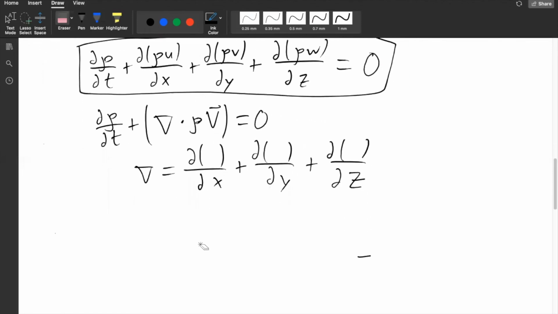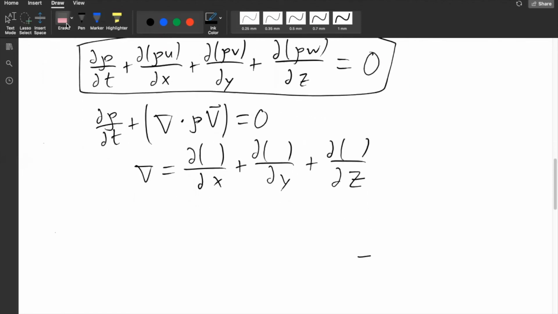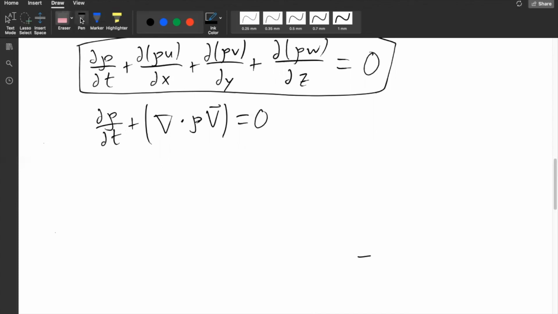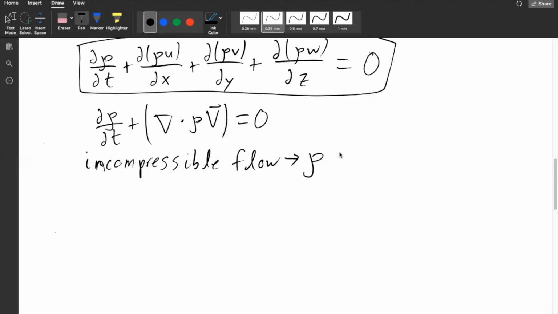And lastly, if we have an incompressible flow, for incompressible flow, rho, which is the fluid density, does not change.